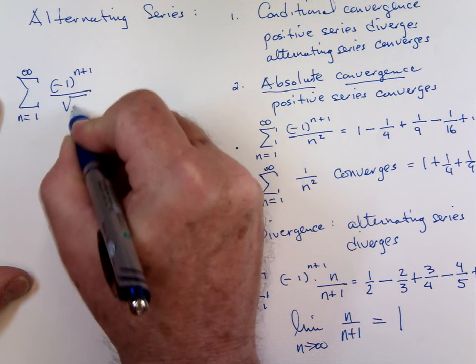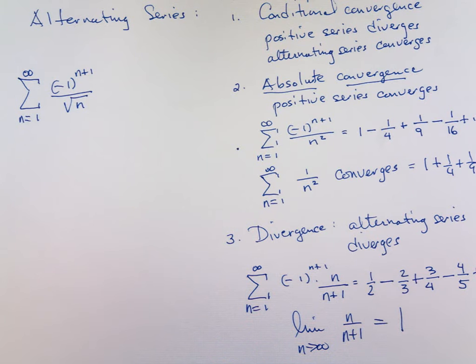Okay, check it out. Look at it. One of three things is going to be true. Either this alternating series will have conditional convergence, absolute convergence, or it will diverge.